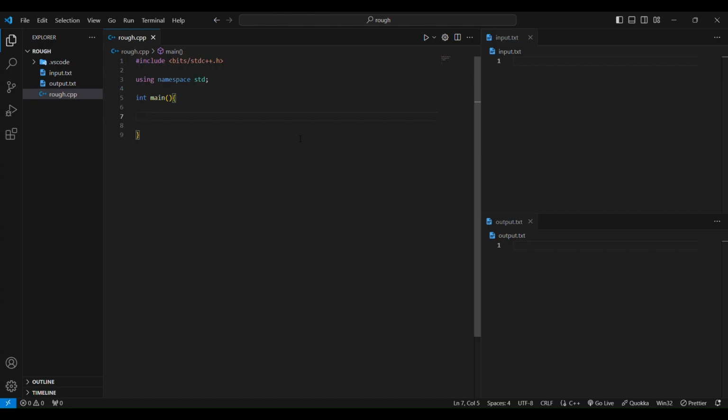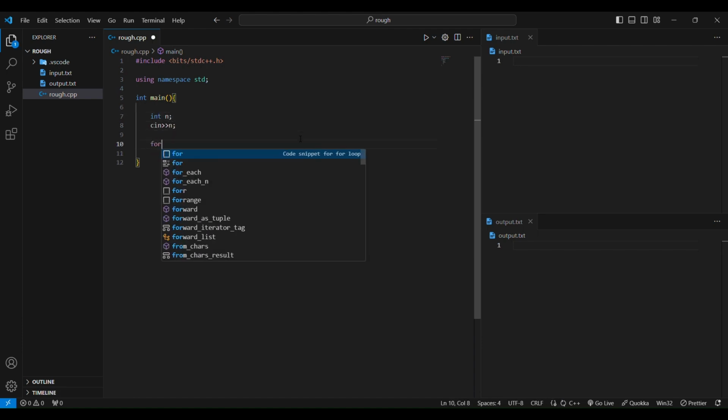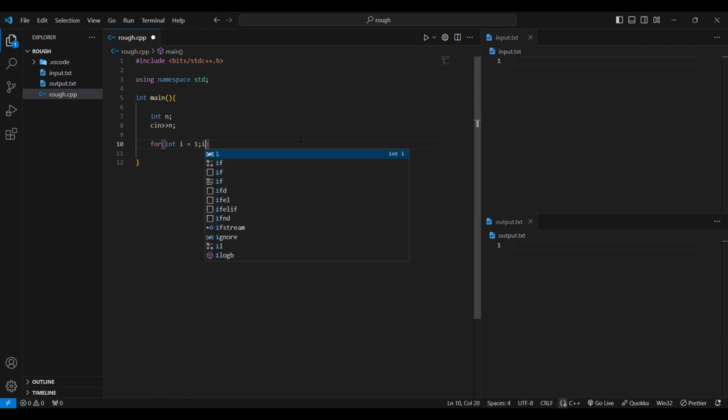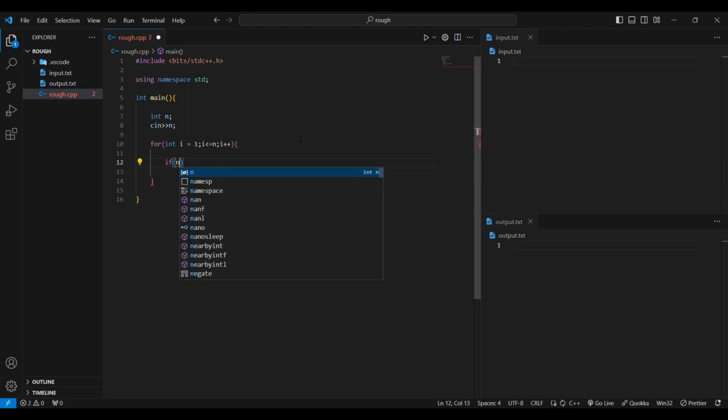First of all, I'll be coding for the brute force approach. So int n, I'm getting the input. I'm just running a loop from I equals 1, I less than or equal to n, I plus plus. Then for each I, I will be checking whether I can divide n completely or not.